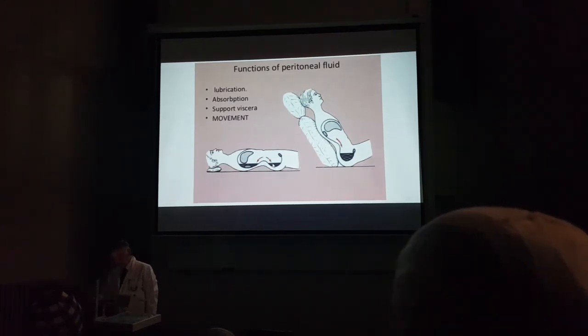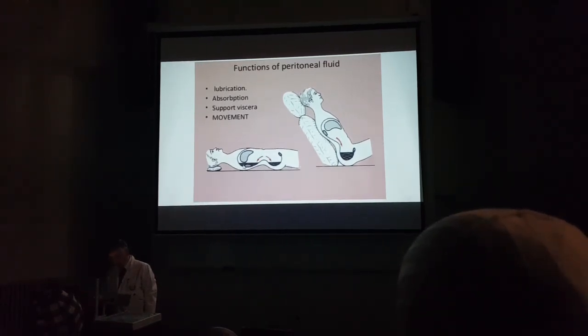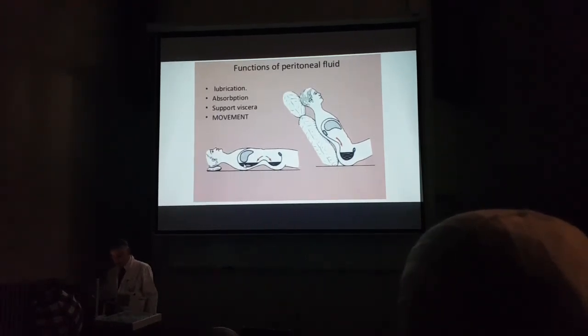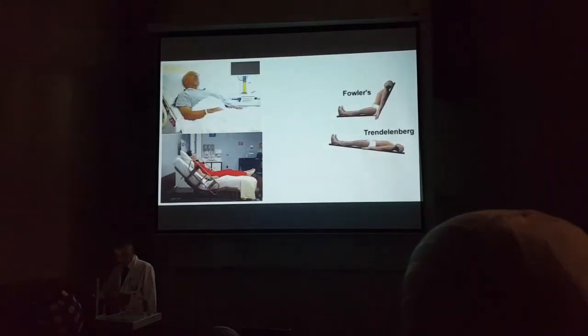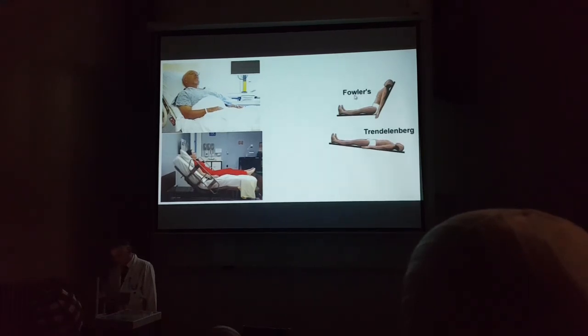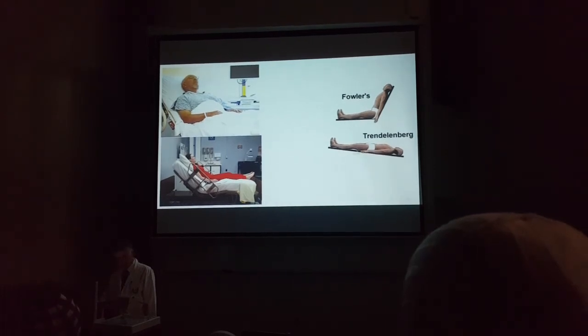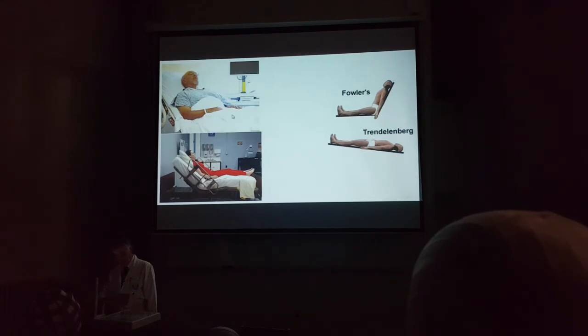Some will collect in the pelvis, but we hate collection there because it goes to Morrison pouch and goes to the subhepatic or subdiaphragmatic spaces, which are difficult to clean. Therefore, the best thing is Fowler's position. Never Trendelenburg. That's why you see patients in hospital lying in this way.